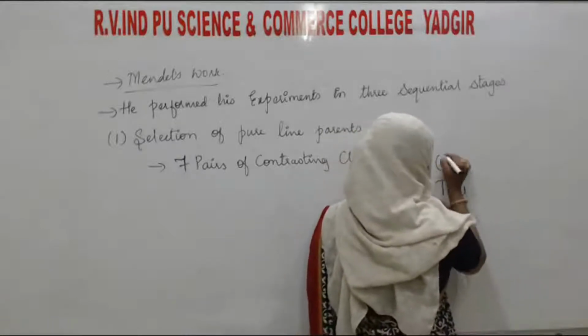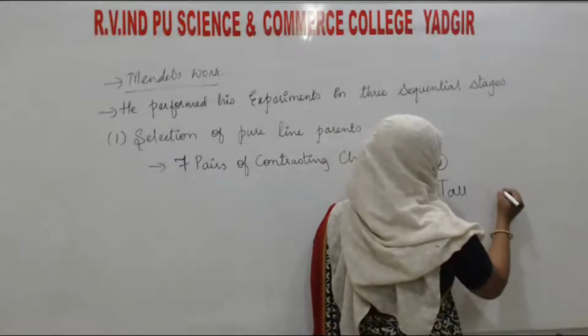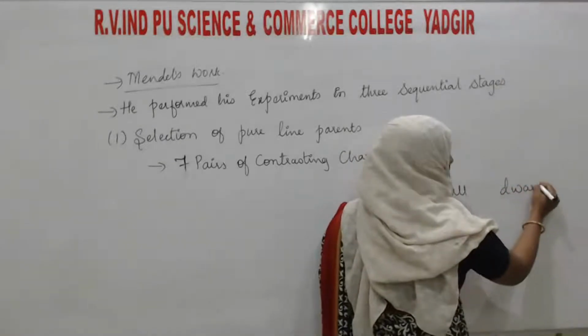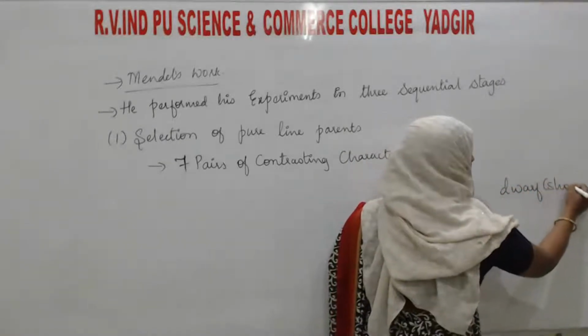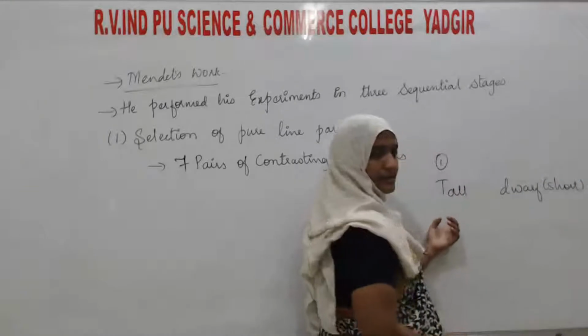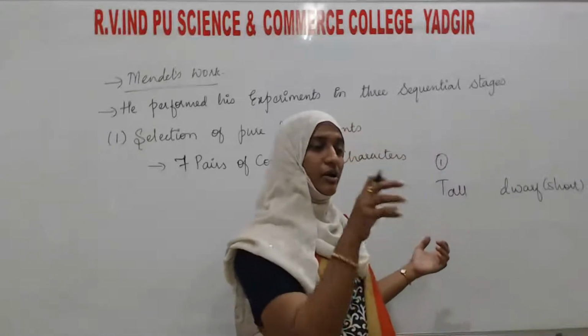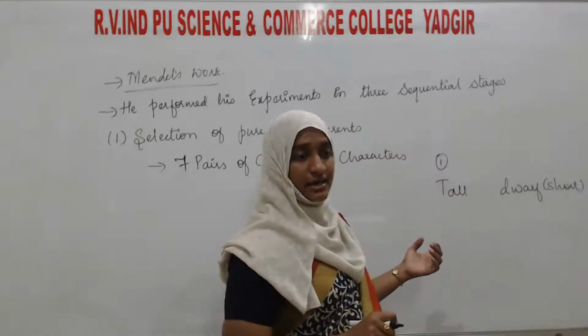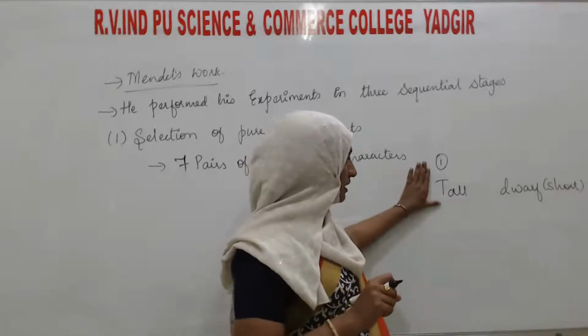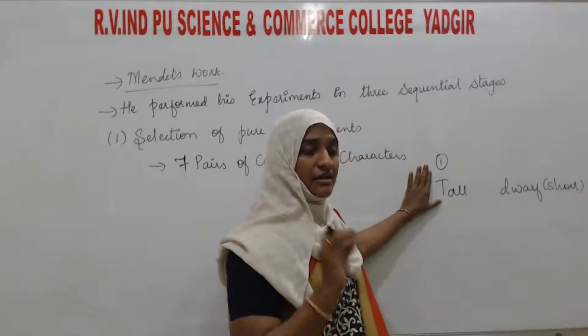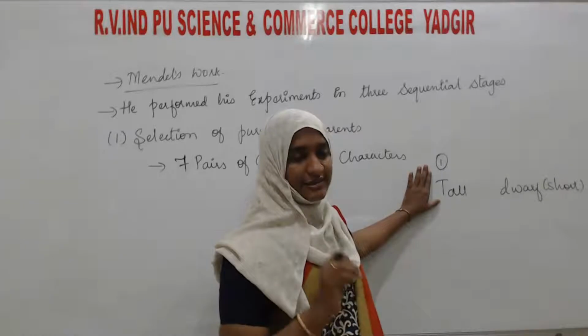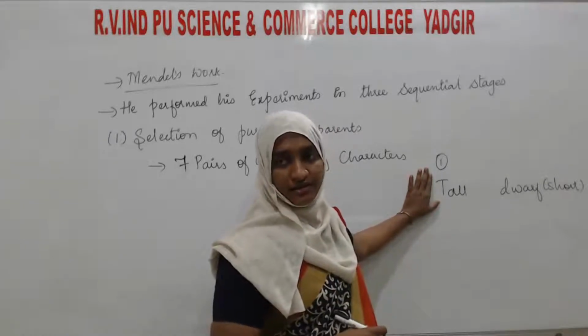Tall is one character, and opposed to this one, that is dwarf. Dwarf means short. So like this, some contrasting characters he has taken, around 7 pairs of characters.